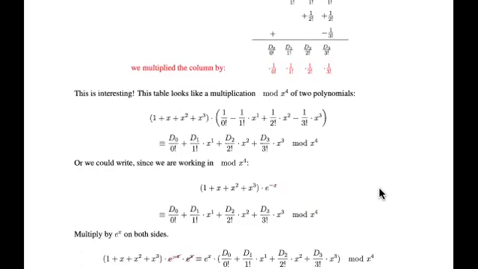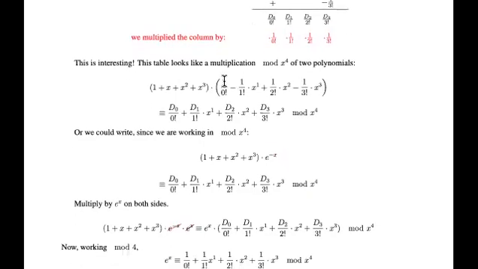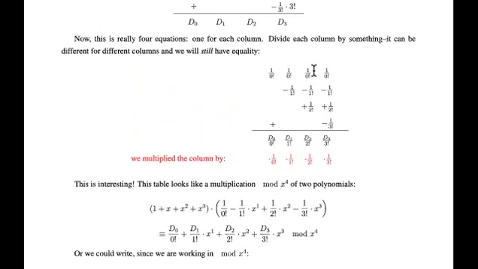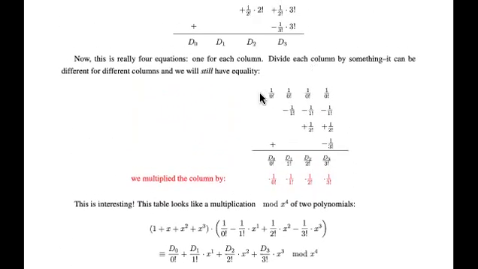So this table looks like a multiplication mod x to the 4th of 2 polynomials. Really? Let's think about that. So I have 1 over 0 factorial on the top, and all these guys are the same here, same here, same here. So what am I multiplying by?